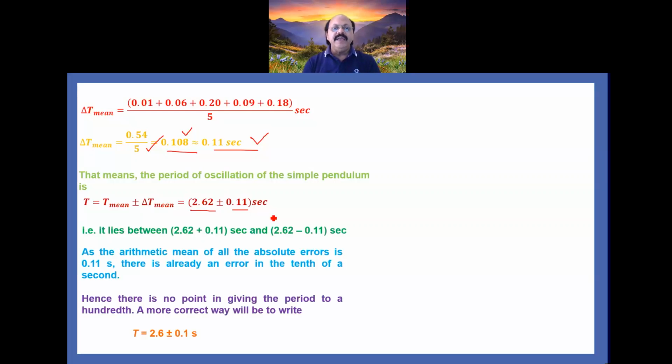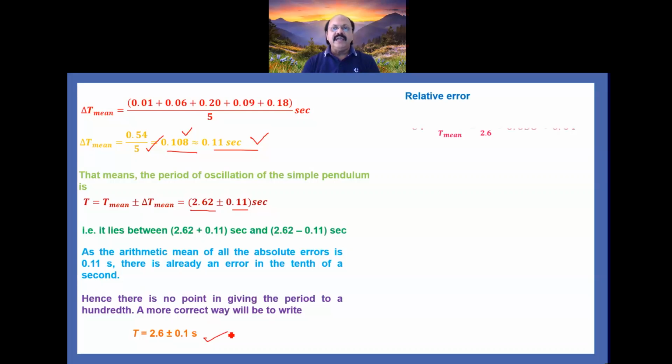As the mean absolute error is 0.11 second, there is already an error in the tenth of a second. So there is no point in giving the period to the hundredths. A more correct way is to write the time period of oscillation of the simple pendulum as T equal to 2.6 plus minus 0.1 second.